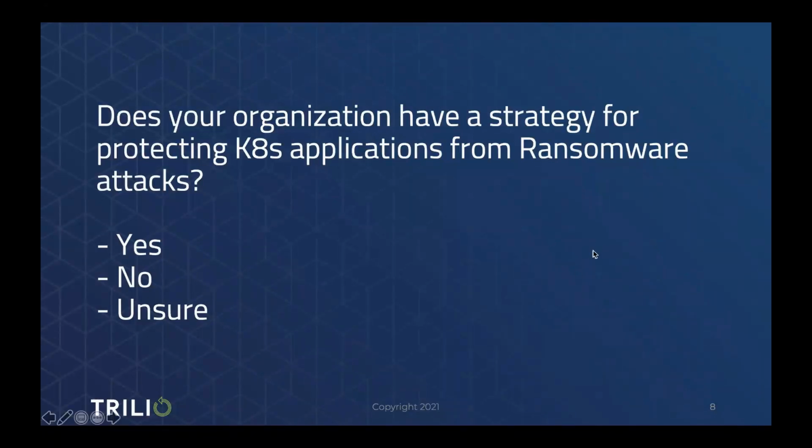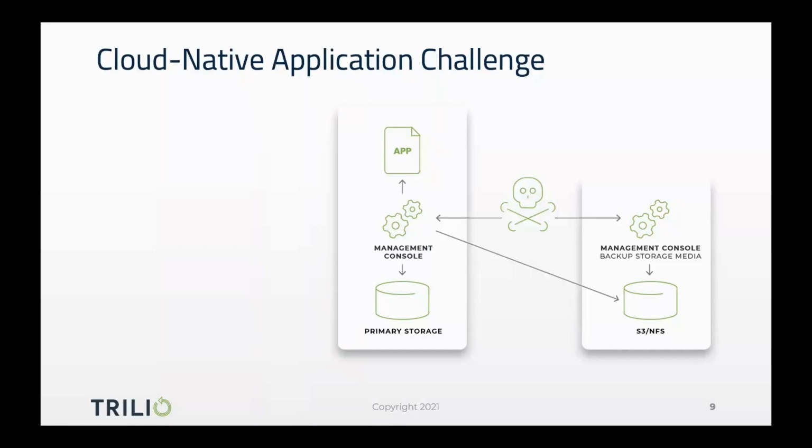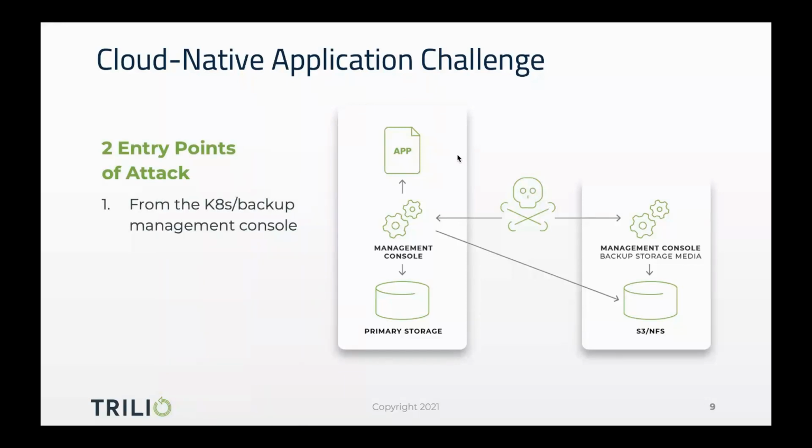So with that, we'll go ahead and continue on here, and we'll talk a bit about the challenge that Trilio is looking to solve when it comes to ransomware attacks. Now, the cloud native application challenge when it comes to these ransomware attacks is there's not just one entry point for these malicious actors to get into, but there's actually two. You have your primary storage, which would be your cluster itself.